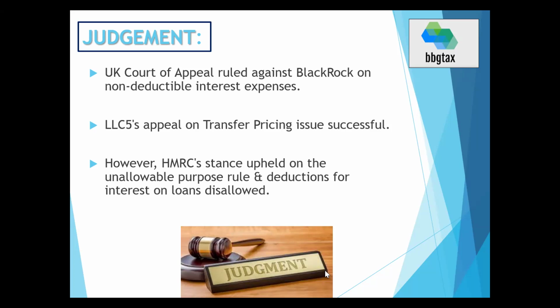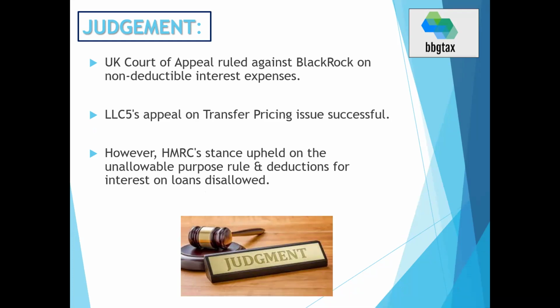So on the unallowable purpose issue, the interest relief should be denied because securing a tax advantage was the only purpose of the relevant loans. Therefore, the court finally upheld HMRC's stance on the basis of the unallowable purpose rule, and the deductions for interest on loans were disallowed.